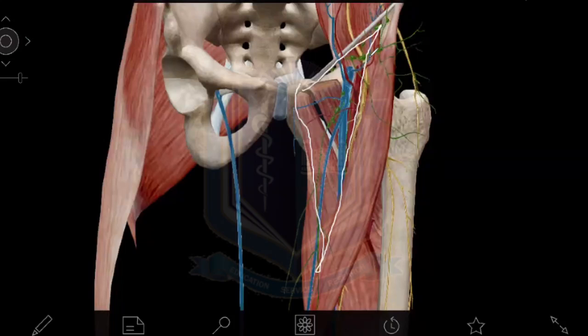The floor is formed by certain muscles starting from the lateral to the medial side. That would be iliacus, psoas major.